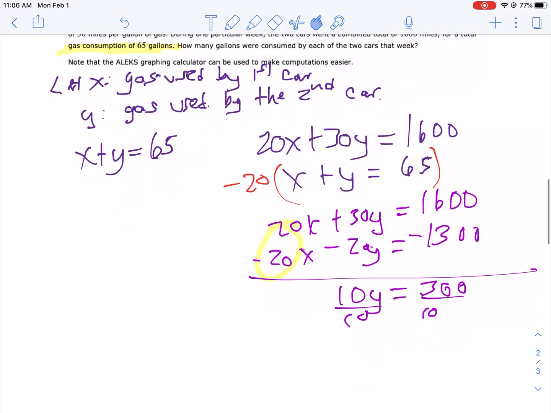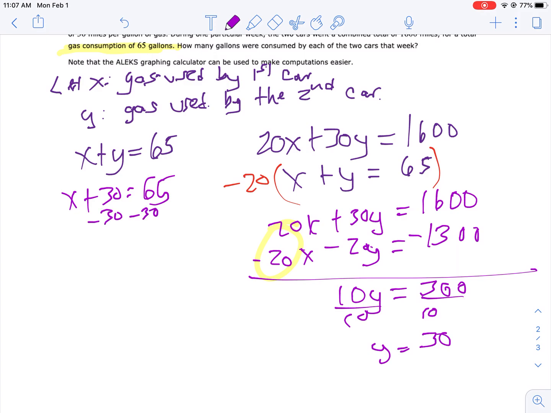Y is 30. Now we know x plus y equals 65, so x plus 30 equals 65. Minus 30 from both sides. x equals 35.